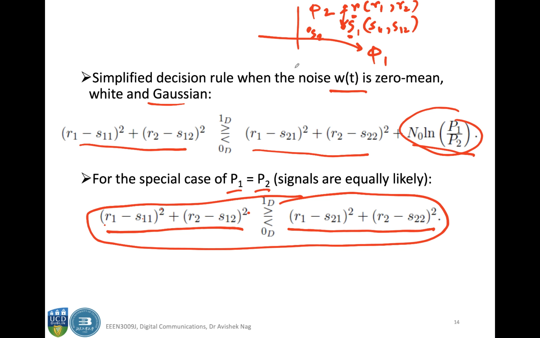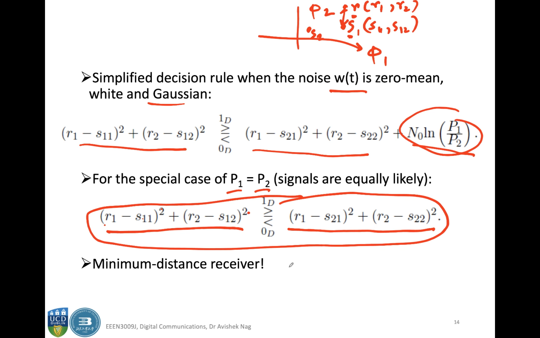Okay, so ideally what remains after all these simplifications is that if your received signal is close to S1, then you decide that S1 was transmitted. If it is close to S2, then you decide S2 was transmitted.